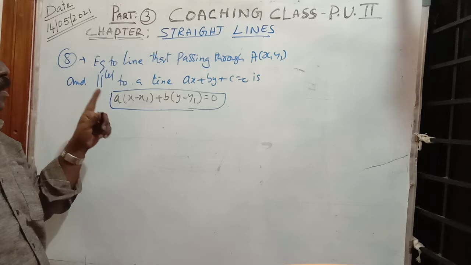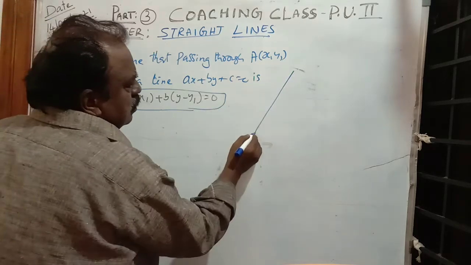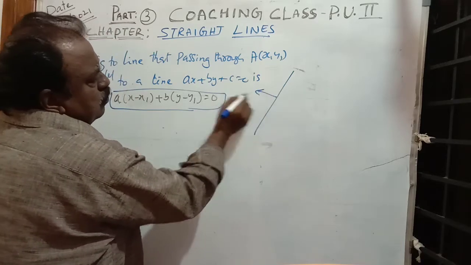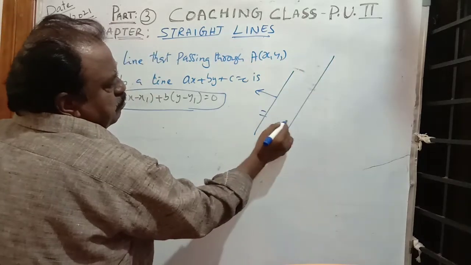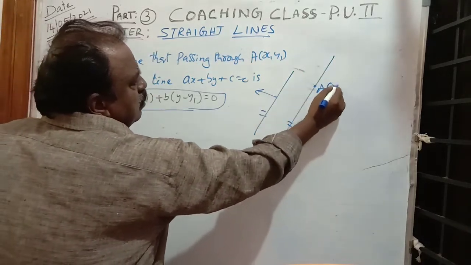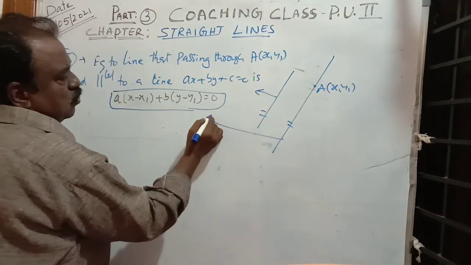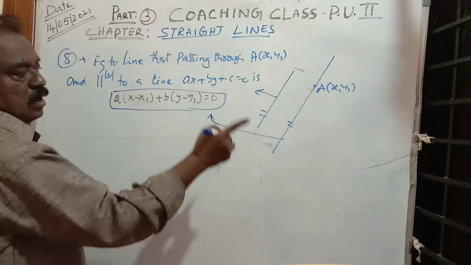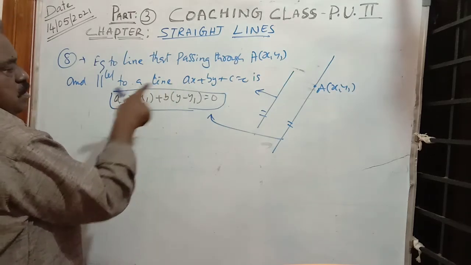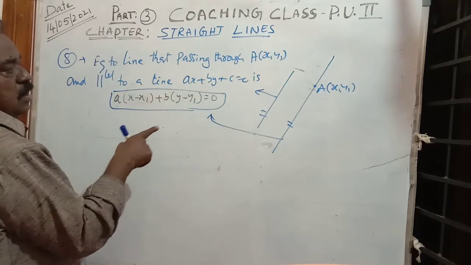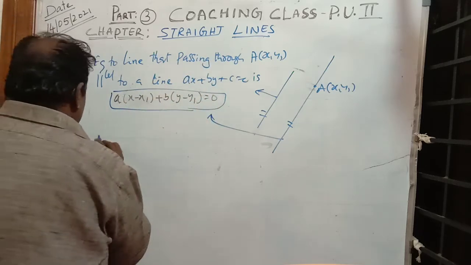A line is there, that is the given line, and its equation is ax + by + c. And another line is there that is parallel to this line but passing through the given point (x1, y1). Then its equation is this one. The required line, parallel to the given line and passing through a given point, has the same a and the same b as the given line. The constant will not come; it is x minus x1, y minus y1, like that.